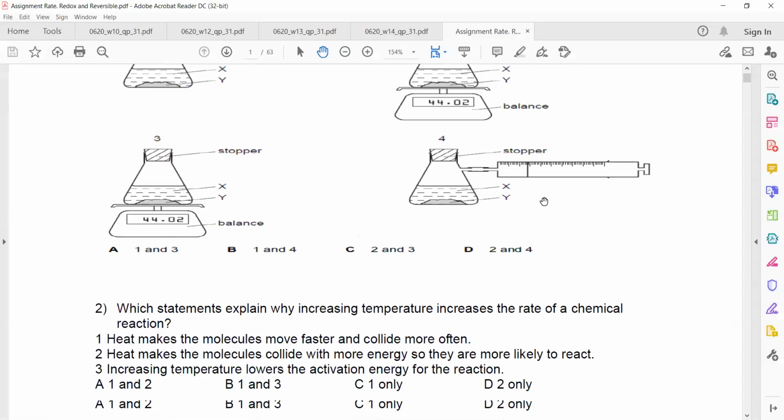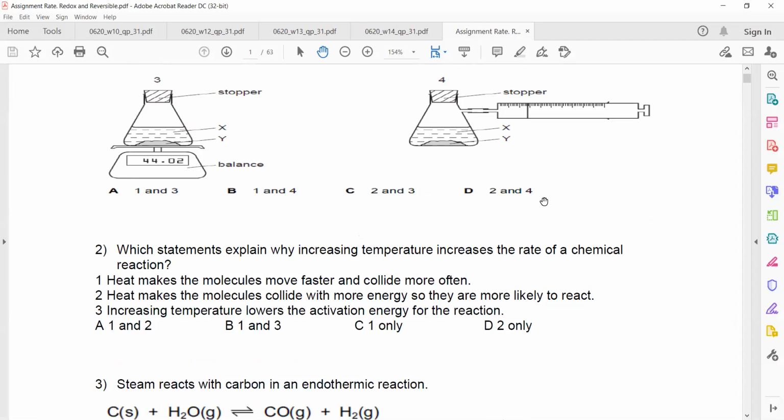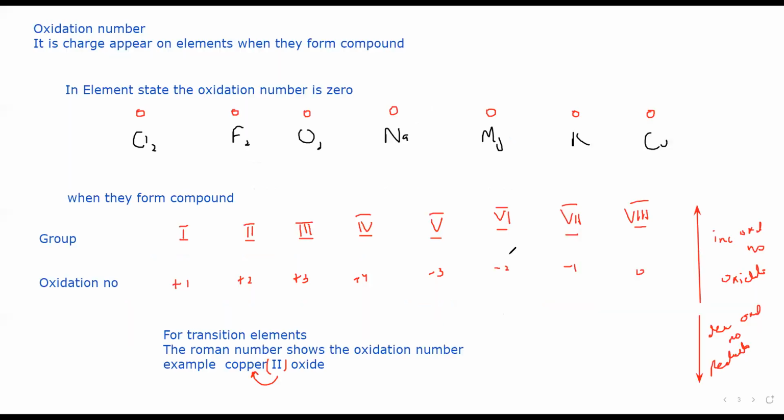Now some questions. What is the definition? The same definition is there for oxidizing agent and reducing agent. Like, what is a reducing agent? Oxidation is a loss of electron. The substance loses electron and helps in reduction.